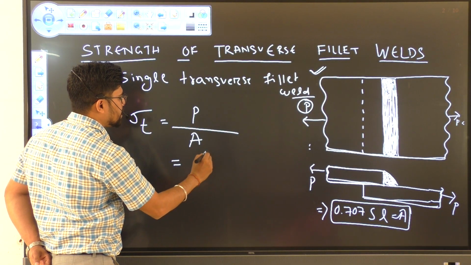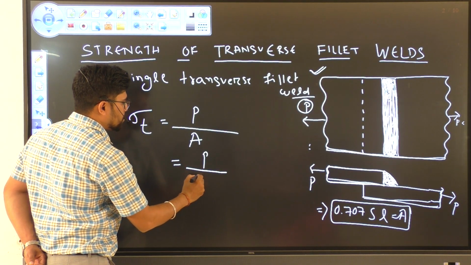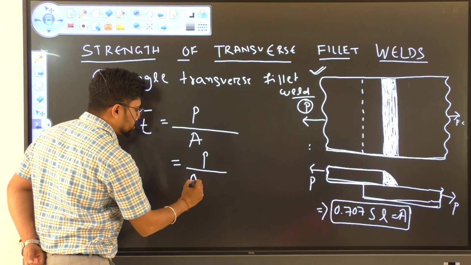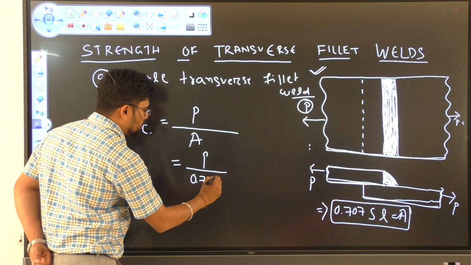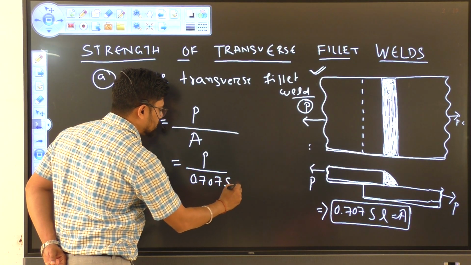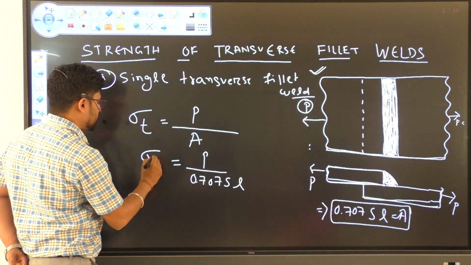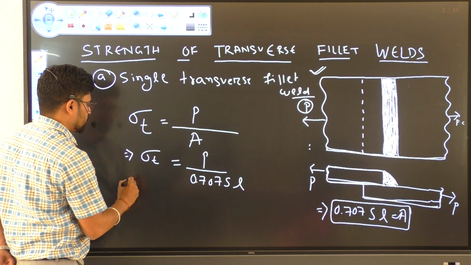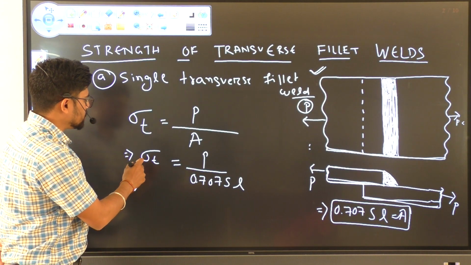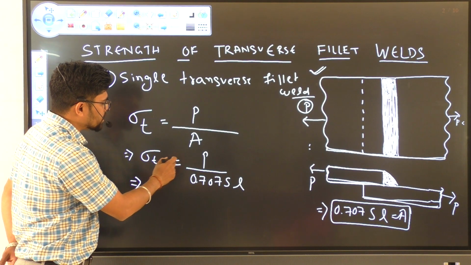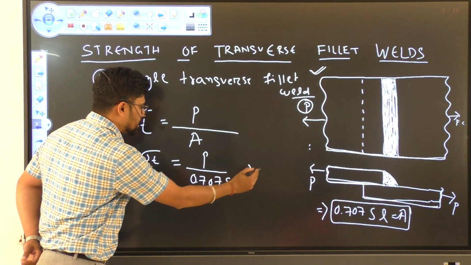So sigma T, the tensile stress, is P by the throat area, which is 0.707 SL.